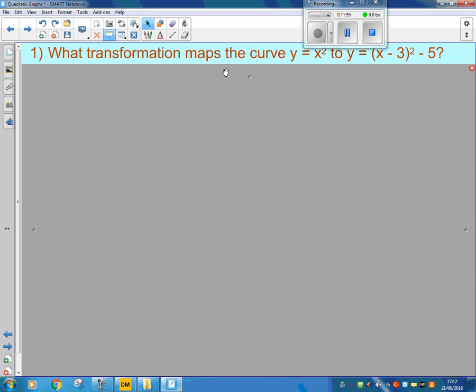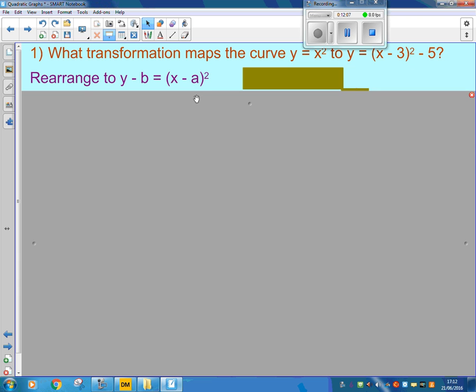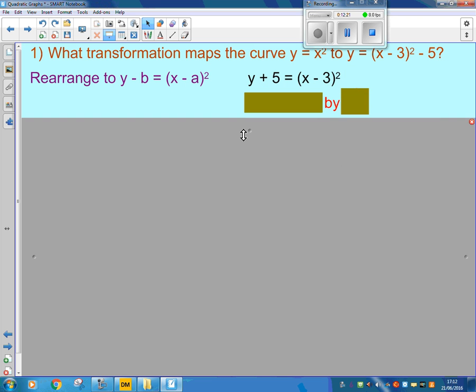First one: what transformation maps y equals x squared to y equals x minus 3 all squared minus 5? Well, let's rearrange it to the form y minus b equals x minus a all squared. So all you do is you move the minus 5 across, it becomes plus 5. So you get y plus 5 equals x minus 3 all squared. Now, what's the translation going to be?